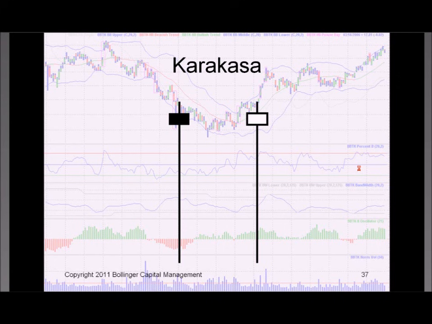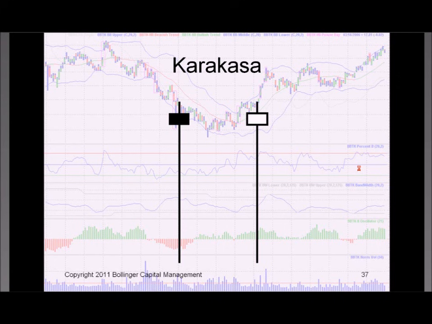If it were a doji, the open and close would be roughly equal. Here you have the open being slightly higher or slightly lower than the close. In the example on the left, we have the open being higher than the close. In the example on the right, we have the open being lower than the close.